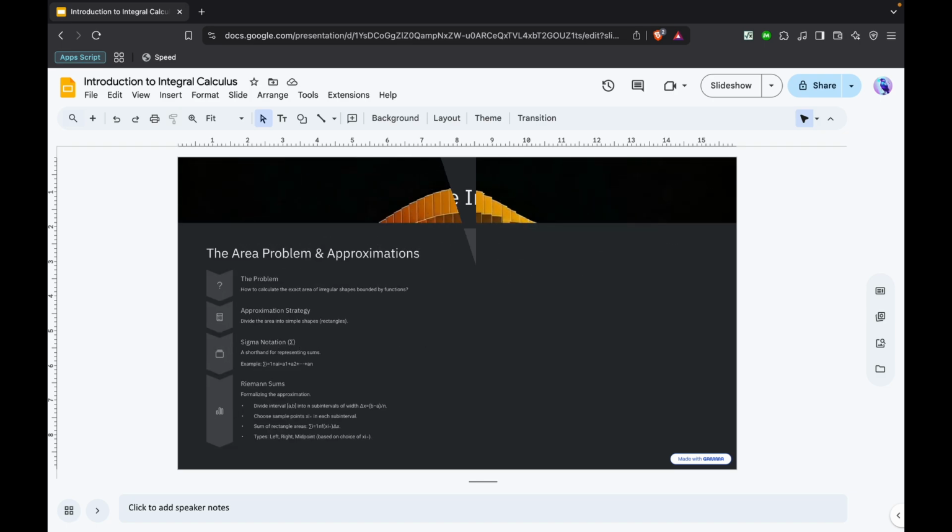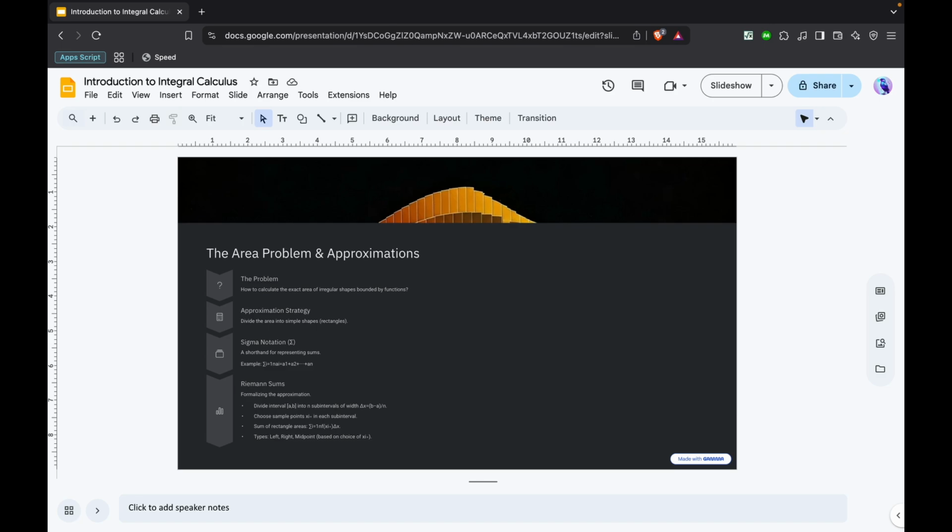Integration is really finding the area under a curve like x squared and the x-axis, but there are different situations also. The problem is how to calculate the exact area of a shape that's not exactly normal, not really a square, not really a trapezoid, nothing similar to that, but it's bounded by functions.